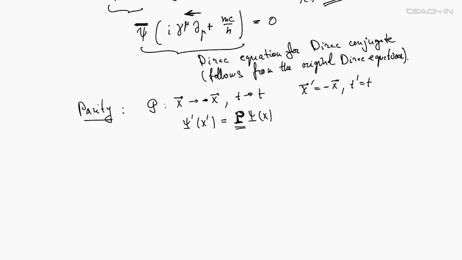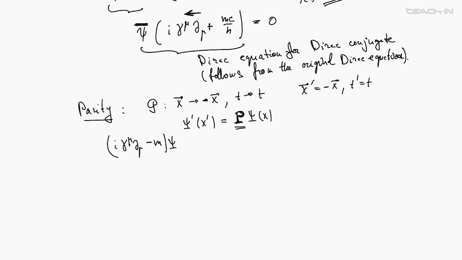And I want to find this matrix P, which leaves my Dirac equation covariant. Now, this is very simple. You just look at the Dirac equation again, i gamma mu d mu minus m acting on psi, and then this must look the same in the new frame, so psi prime on x prime.